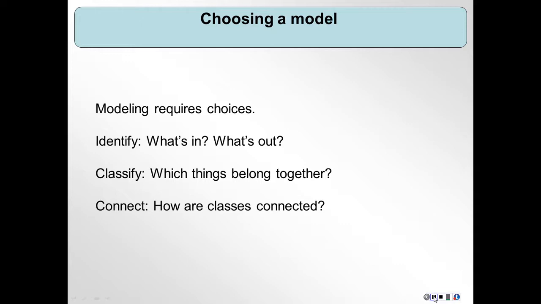The second major choice is the classification of things. Which things belong together? For example, the program logic models included in the chapter show three very similar things: outputs, outcomes, and objectives. Objectives tend to be stated a bit more at the level of unmeasurable ideas, unmeasurable constructs.